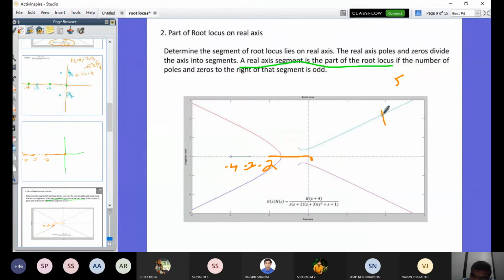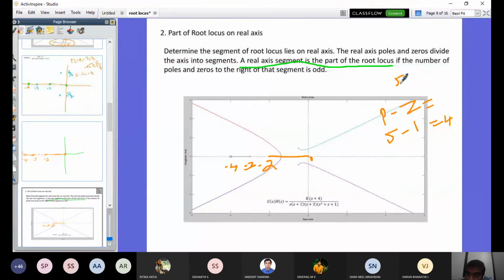P minus z number of root locus branches will reach infinite 0. P is the number of poles. How many poles do we have? 5. How many zeros? 1. P minus z is 4. So p minus z number of root locus branches end at infinity 0.